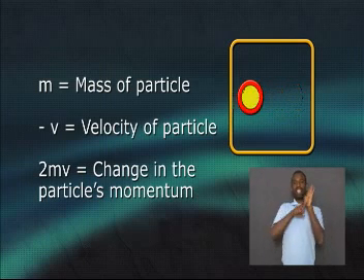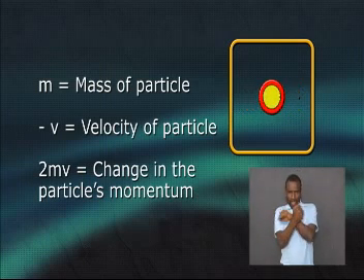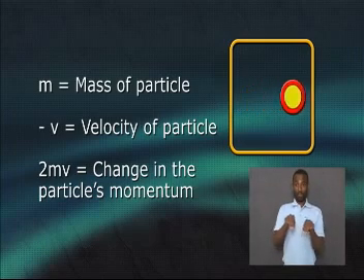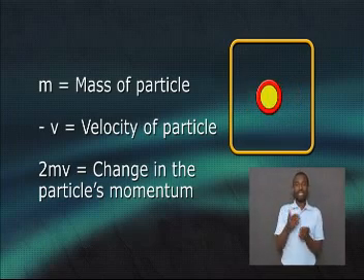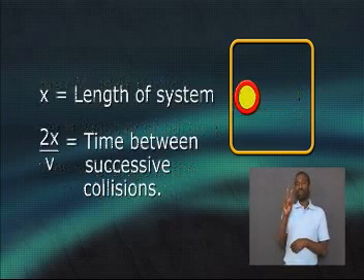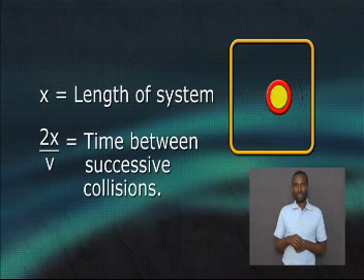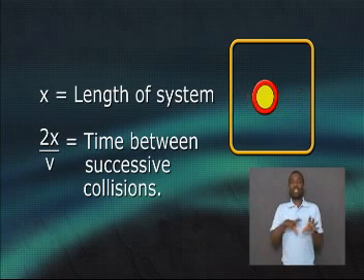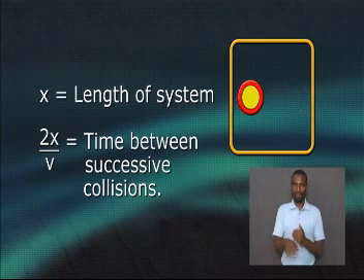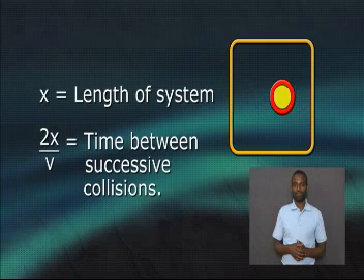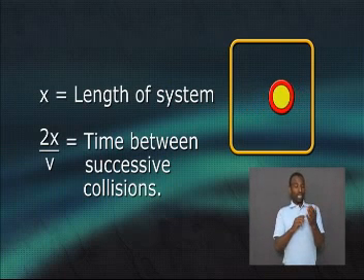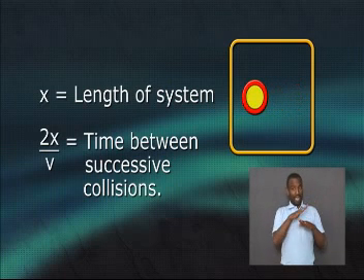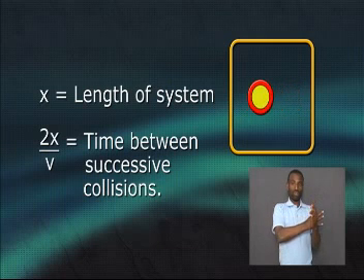The change in the particle's momentum is 2mv. The particle bounces backwards and forwards within the box, exerting force on the shaded wall, but only for a very short duration.